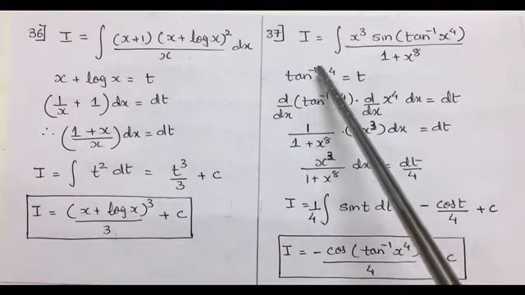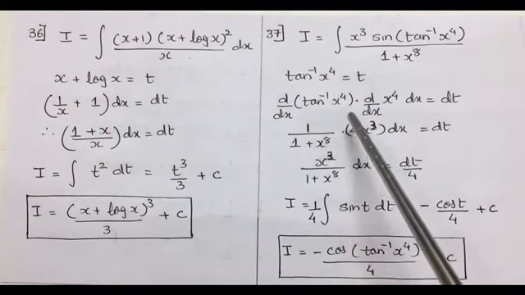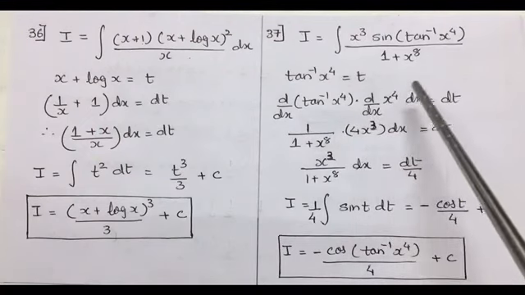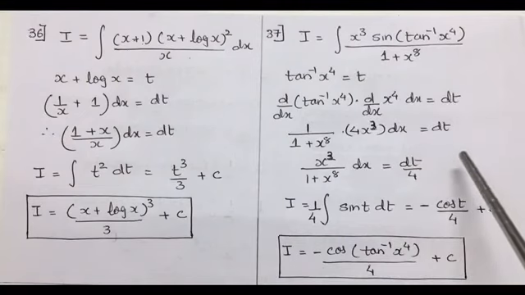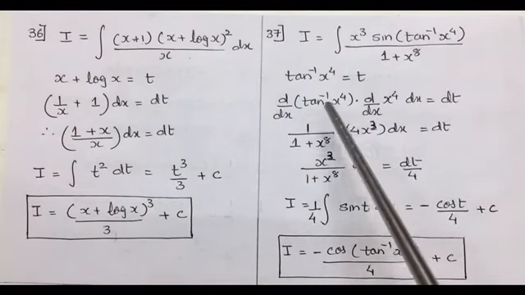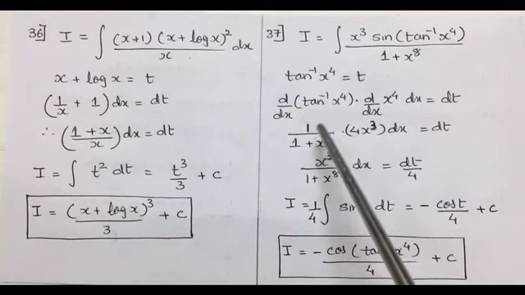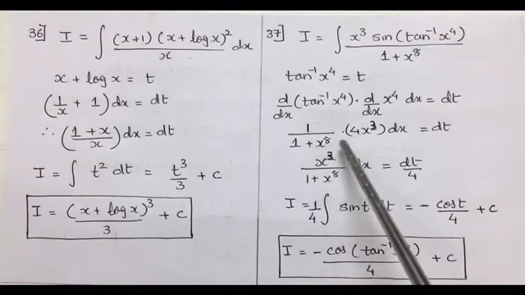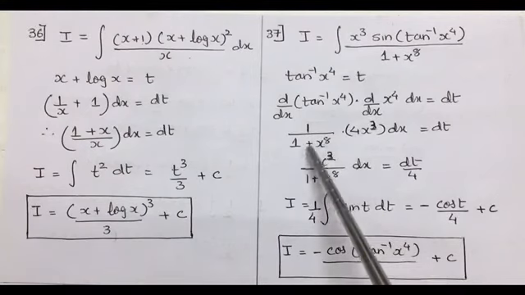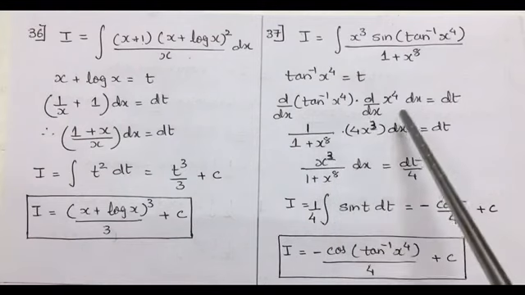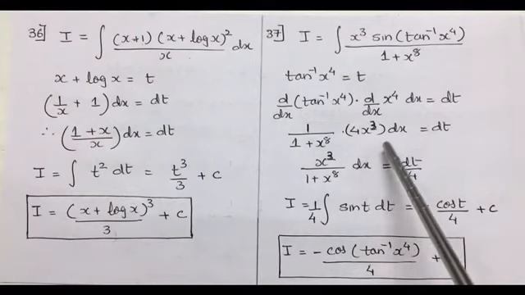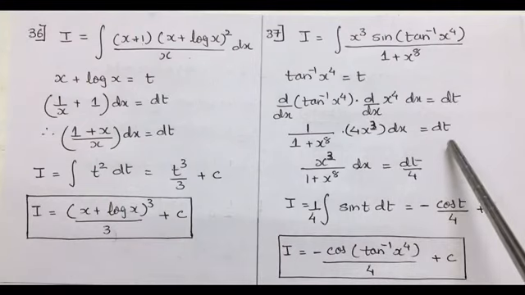First will be the differentiation of tan inverse using the chain rule, and then d by dx of x raised to 4 dx is equal to dt. Differentiating tan inverse we get 1 upon 1 plus (x raised to 4) whole square. So that makes it 1 upon 1 plus x raised to 8. Differentiation of x raised to 4 is 4x cube. dx will be equal to dt.